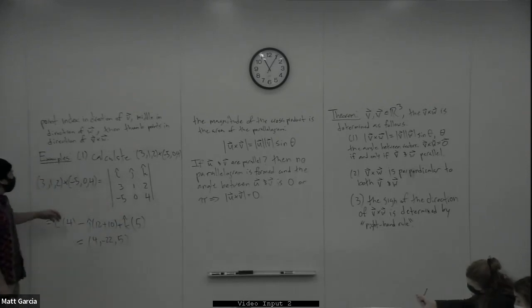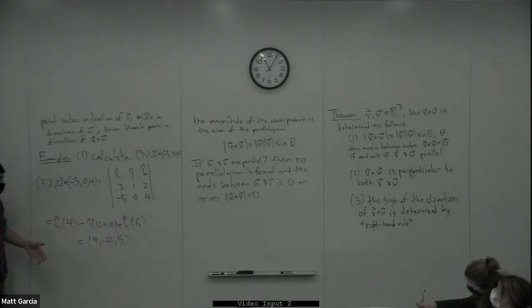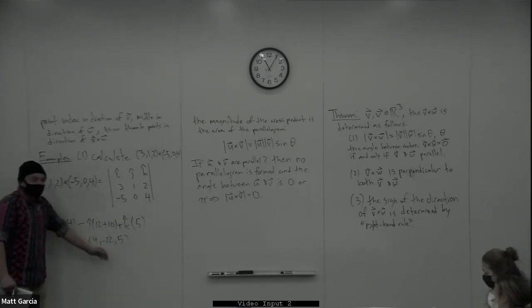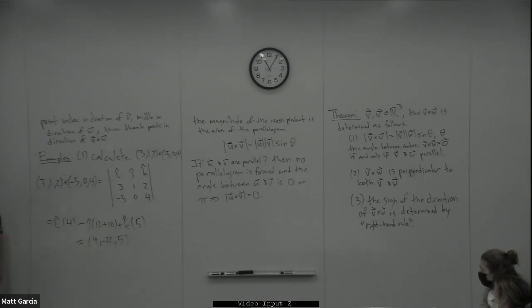The reason I do that is because my inputs were in parenthesis notation, although it doesn't really matter. If you prefer ijk notation, that's fine. You could leave it that way. But this is our answer. Again, just the application of this formula that you should remember.